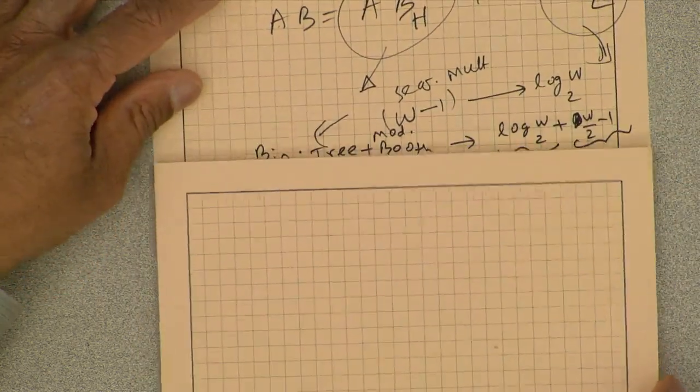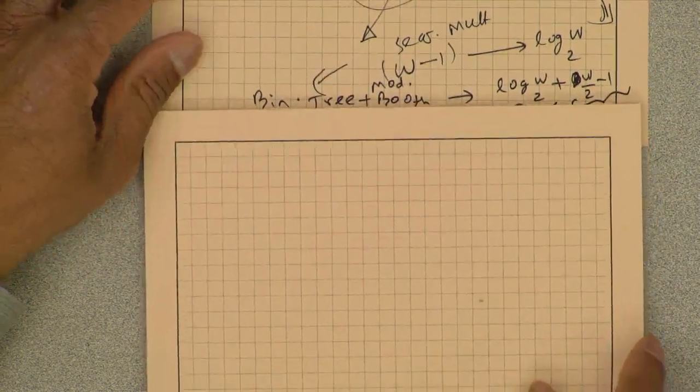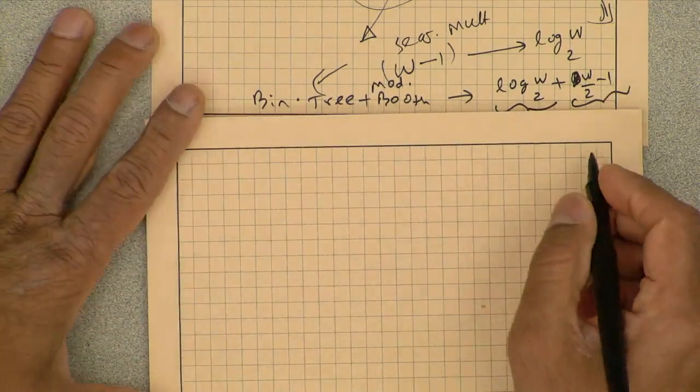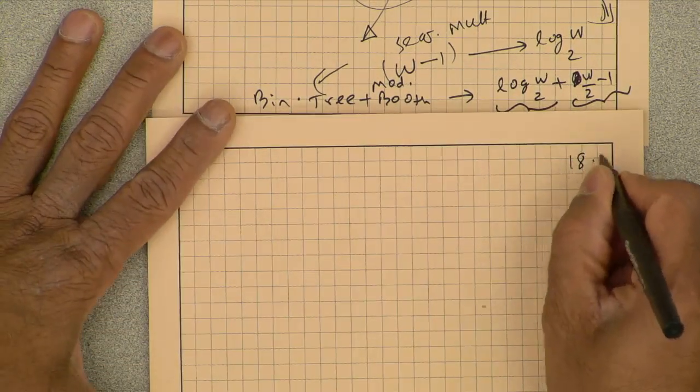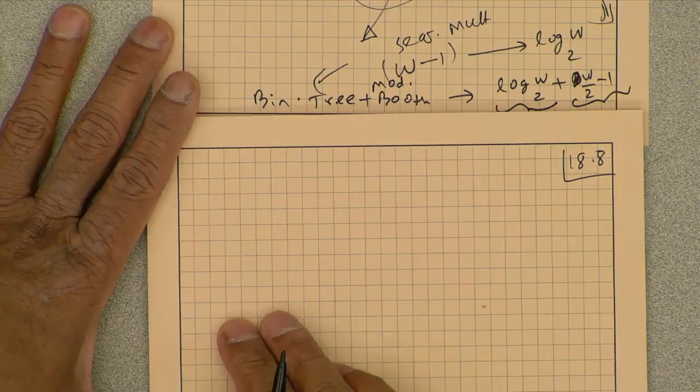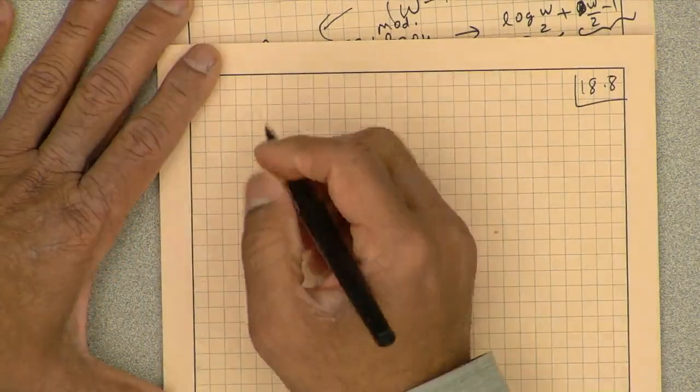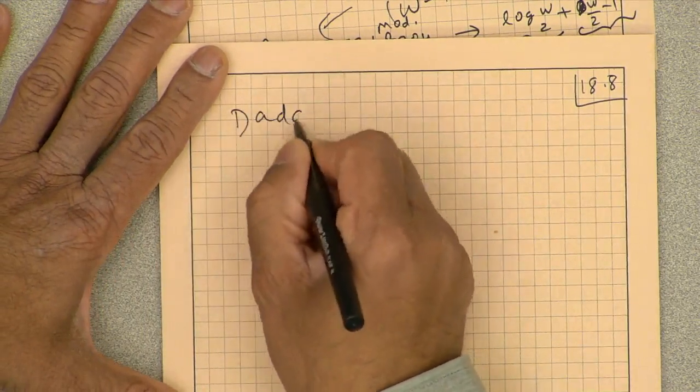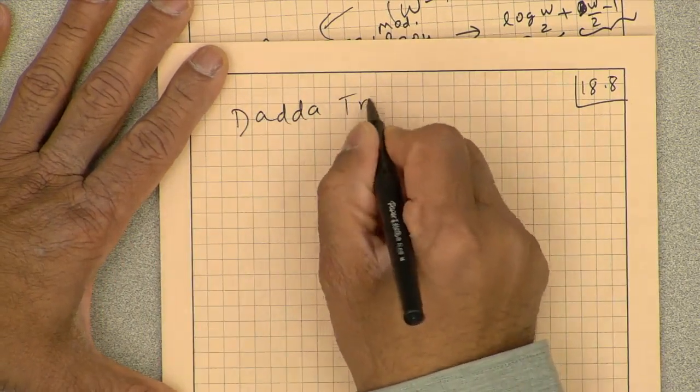Okay, so what are other ways of computing? What's the difference between a Dadda tree and a Wallace tree?